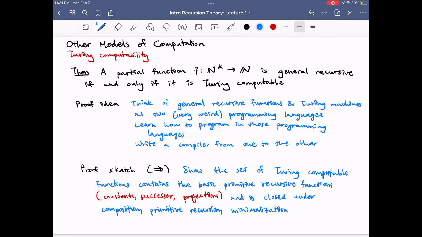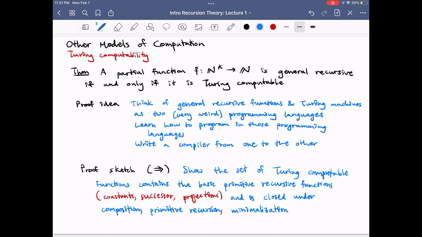And if you can show that, then you've shown that the set of Turing computable functions must contain the set of general recursive functions, because the set of general recursive functions is the smallest set that contains those basic functions and is closed under those operations.